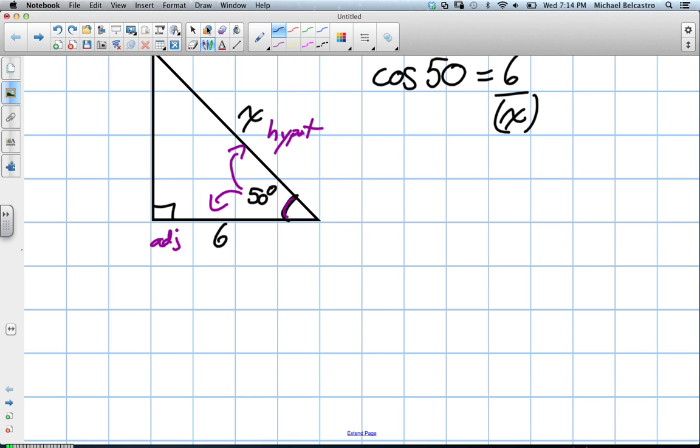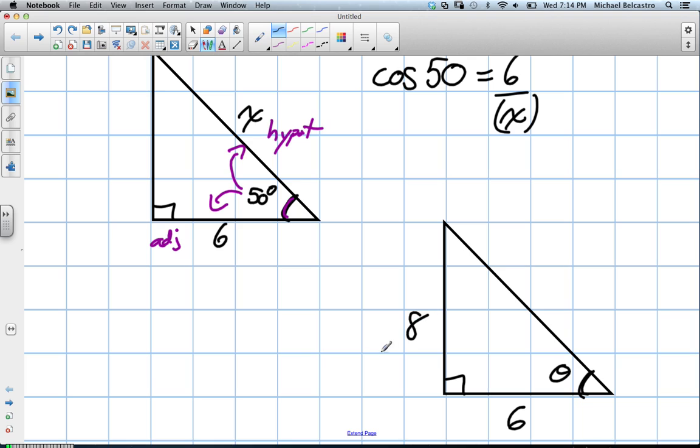And finally, I'm looking for this angle. This is 6, this is 8. Which of the ratios am I going to use? 6 and 8. Can't you use Pythagorean theorem for that? But I'm looking for the angle.